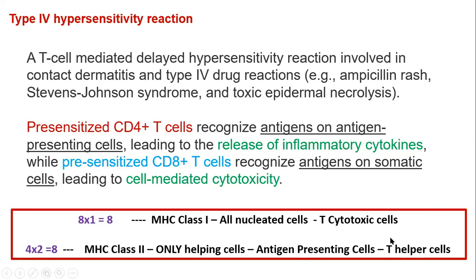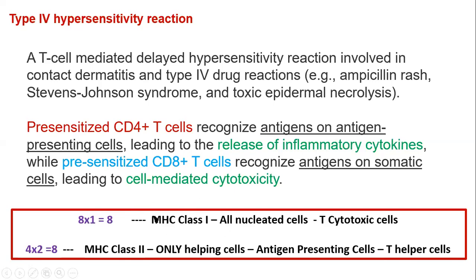One is T cytotoxic, one is T helper cell. I'm going into a simple mnemonic we discussed: 8 ones are 8, 4 twos are 8. Both multiplications give 8 as the outcome. In 8 ones are 8, you're looking at CD8 positive cells, and the one represents MHC class 1. So the CD8 positive T cells are always MHC class 1 associated, 8 ones are 8.